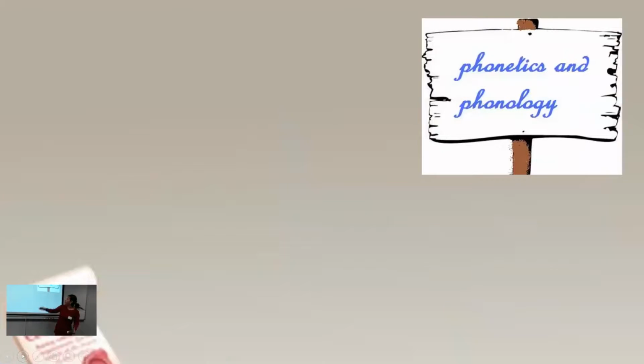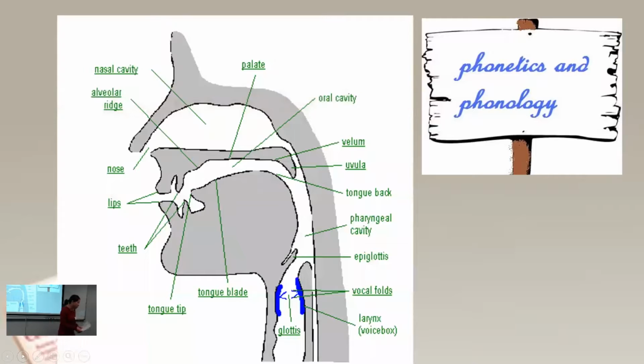And for today, I will be focusing on pronunciation most of the time, specifically individual sounds. Let's look at this photo first. This photo shows you the mouth, the different places where the sound comes from.